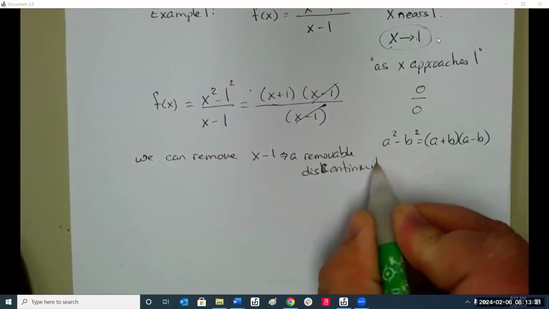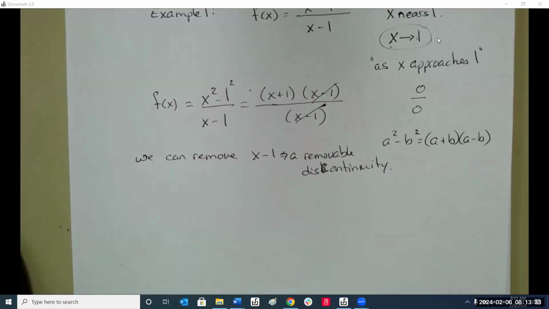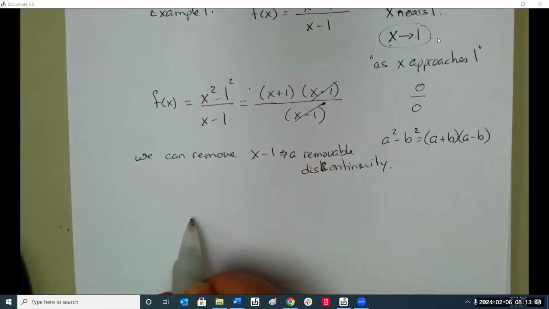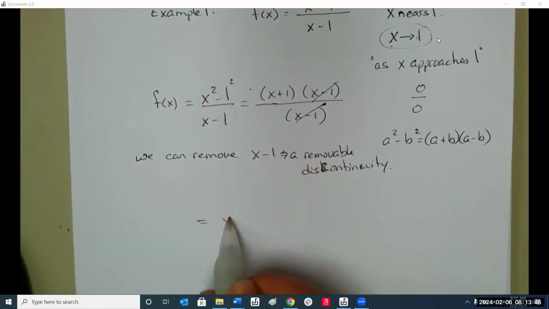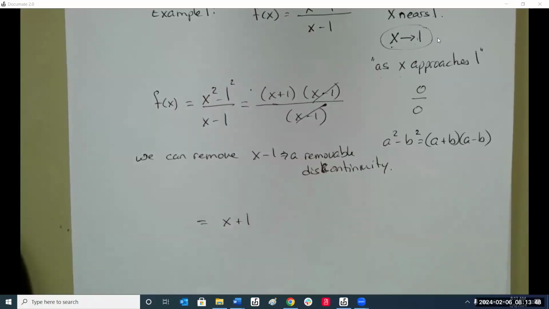It's a removable discontinuity, because what happens here is our function now looks like this.